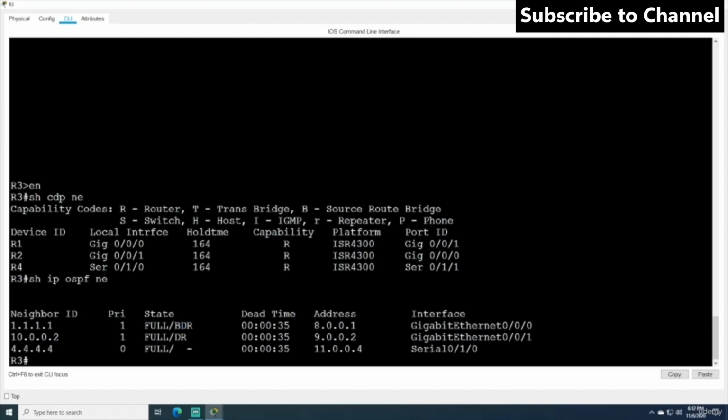Now let's go over here to address. We can see the IP addresses of the OSPF neighbors. So these are the actual interface addresses of the interfaces connected to R3's interfaces.